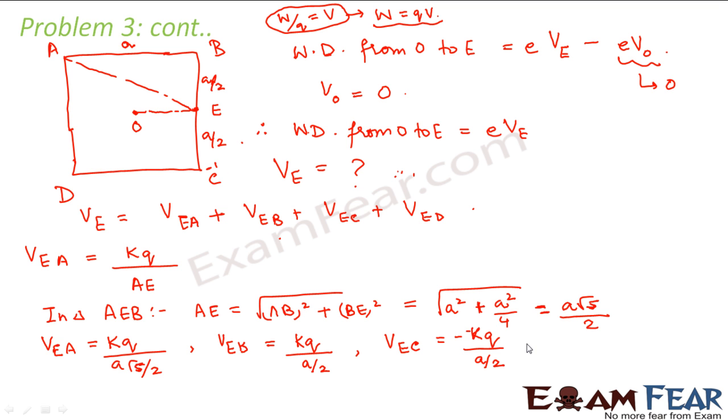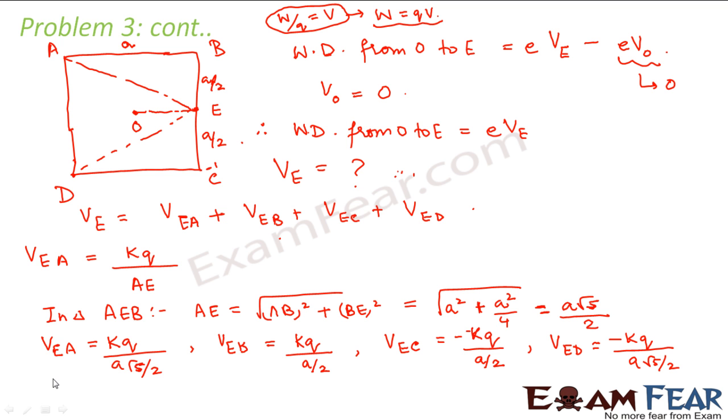So I have put minus. Similarly, the potential at E due to D. D is this point, so the distance between these 2 points will be equal to AE. So here also it will become minus K into Q divided by A root 5 by 2.